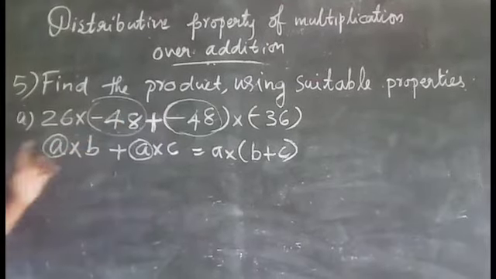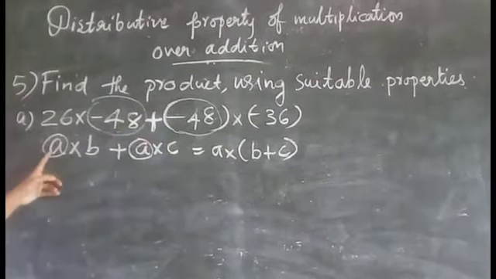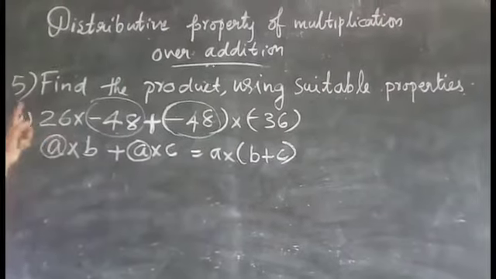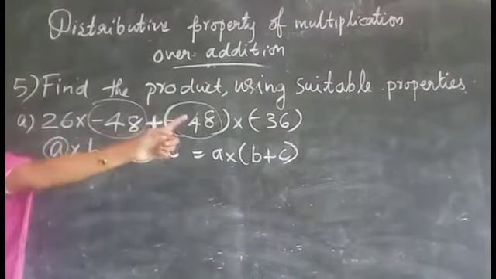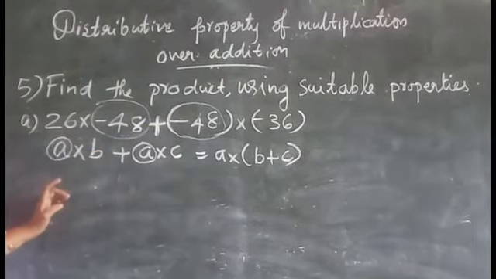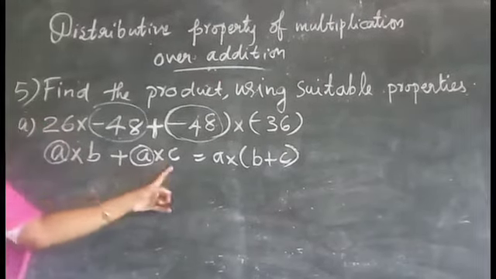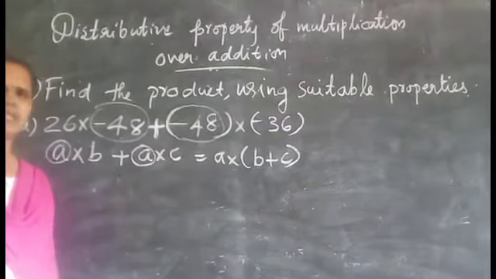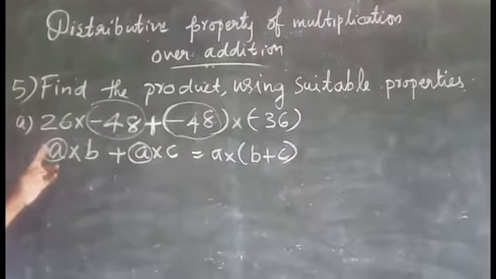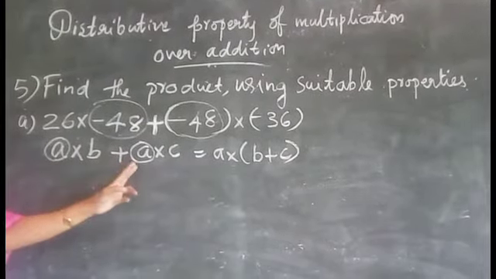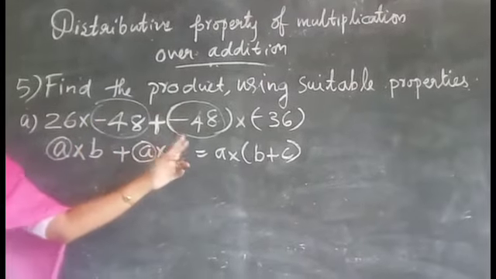So, negative 48 represent as A, and the other two numbers, one is 26 and the other is negative 36. So B represents 26 and C represents negative 36. Do you understand? A is common. Which is the common number in the question?